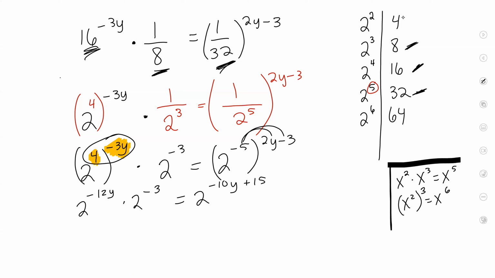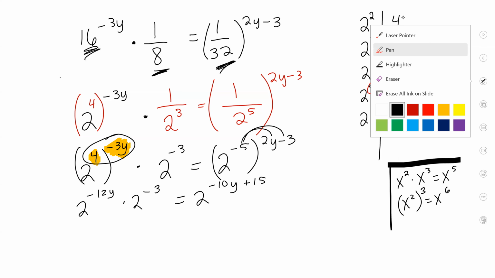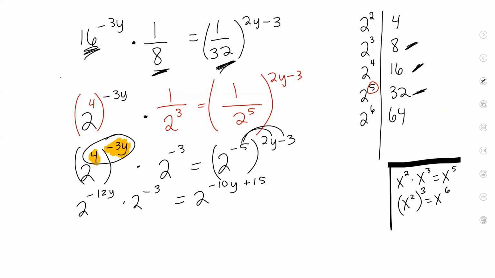Okay, now we're going to combine. Remember, same base being multiplied, you add these together. So same rule here. We're going to add these together. So it'll be base 2 of negative 12y minus 3. This can just come down. We can combine these exponents.